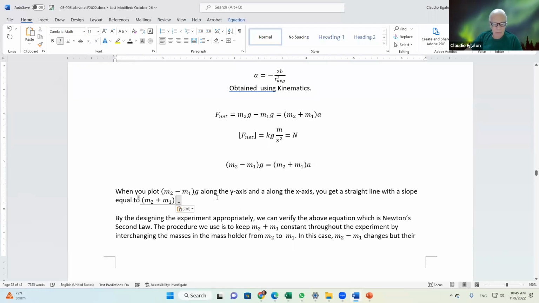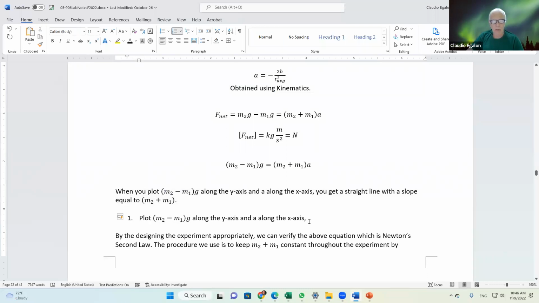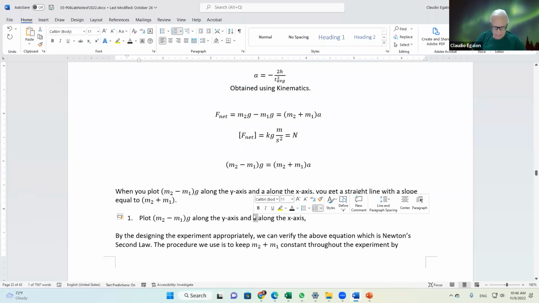Okay, so that's what you have to do for this experiment. Plot M2 minus M1 times G along the y-axis, A along the x-axis.